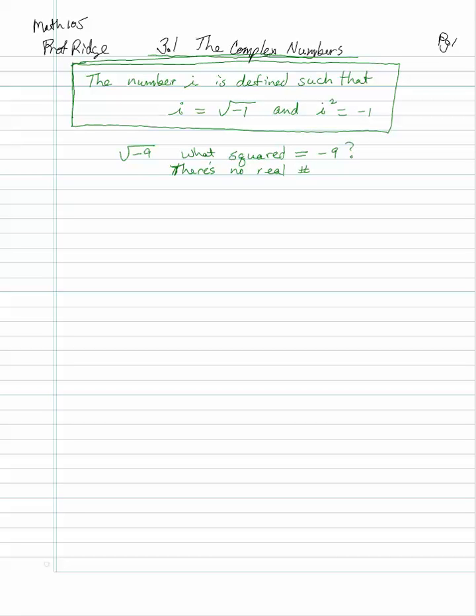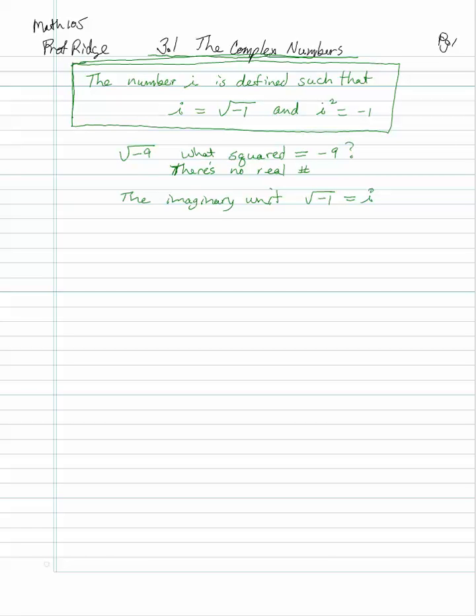Let's make imaginary numbers. So we start off with the imaginary unit, which is defined up there. I'll write it again. The square root of negative 1 is i. So it basically starts from there.